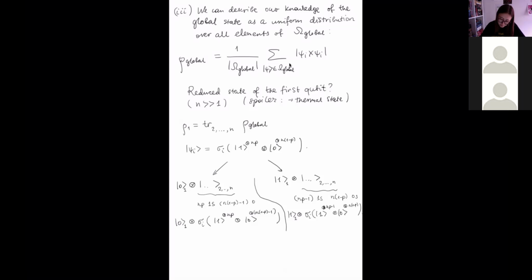Okay, then we can separate our sum in rho global as following. So these are normalization states.